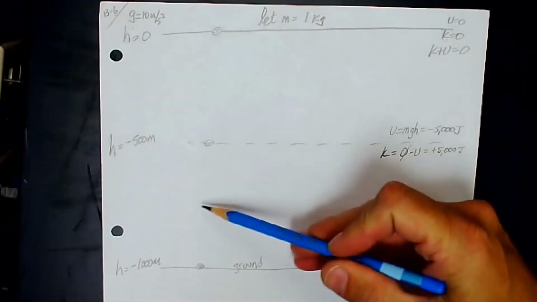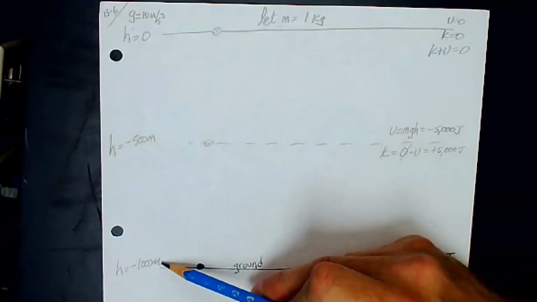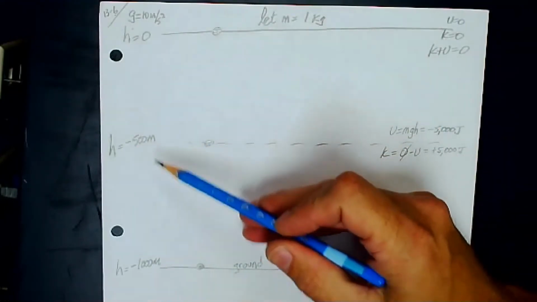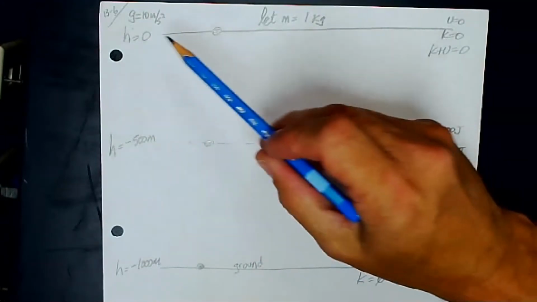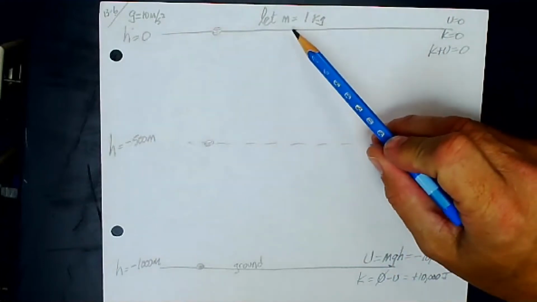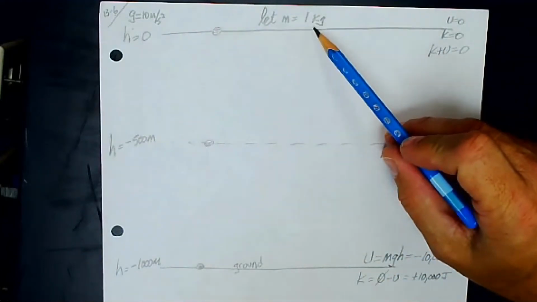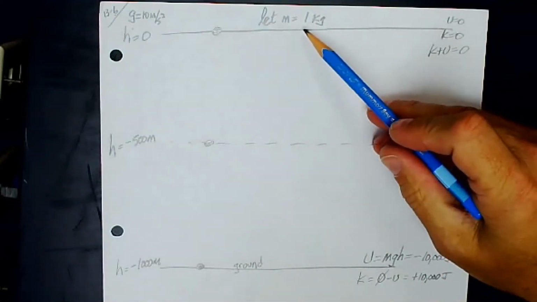Then all the other locations would have a height that is below that level, which is indicated by the negative sign. Just for simplicity, I'm letting g equal 10 instead of 9.8, and I'm letting the mass of the object be 1 kilogram, so that our calculations for potential energy and kinetic energy are much simpler.